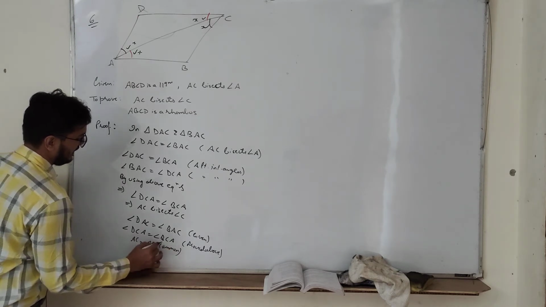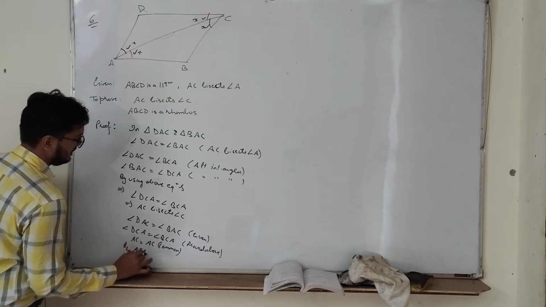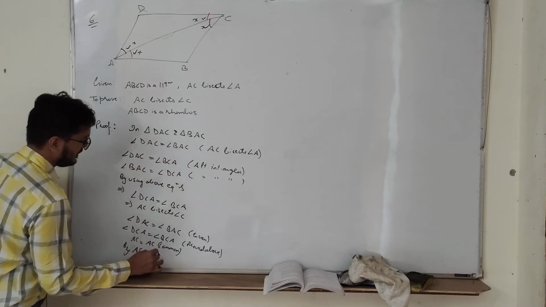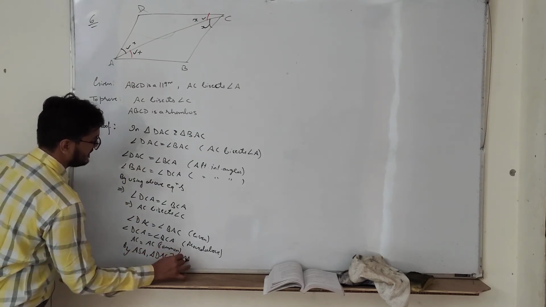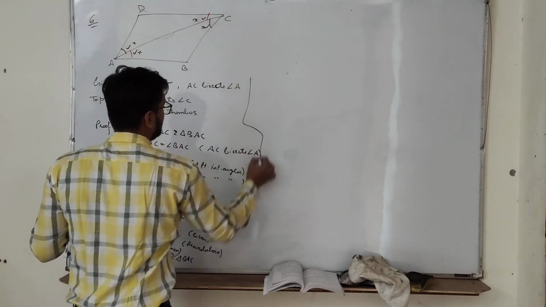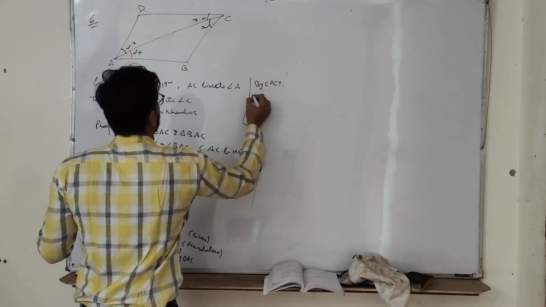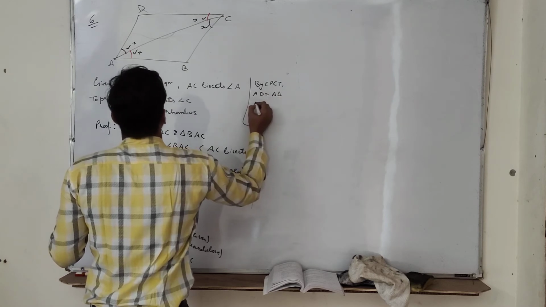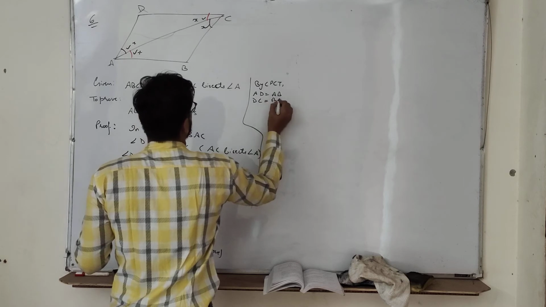So by ASA, angle side angle, triangle DAC is congruent to triangle BAC. Now since DAC and BAC are congruent, by CPCT, AD is equal to AB and DC is equal to BC.